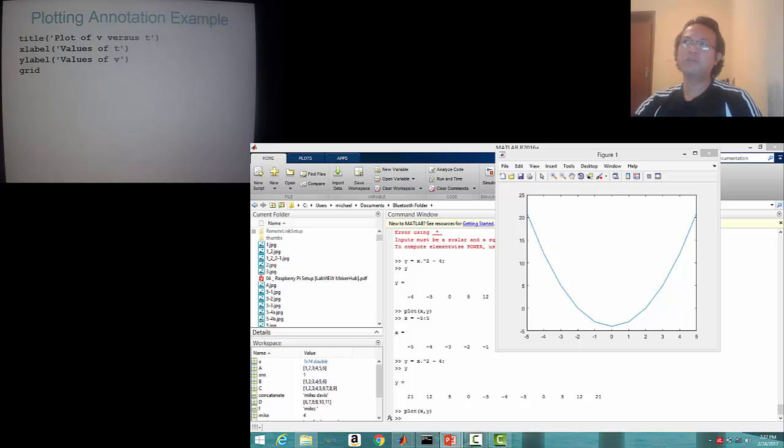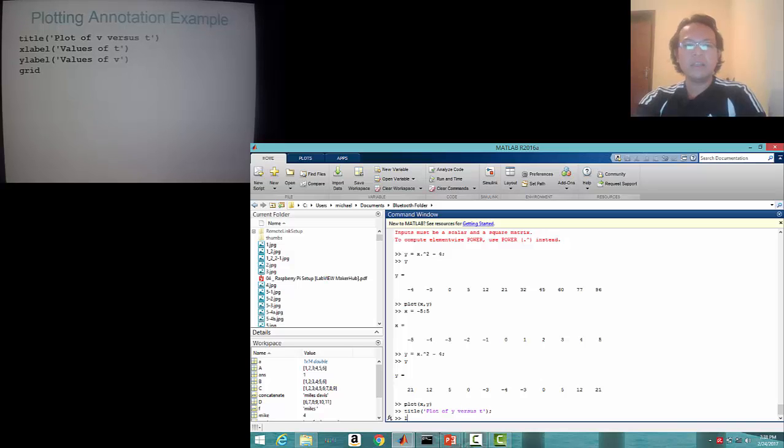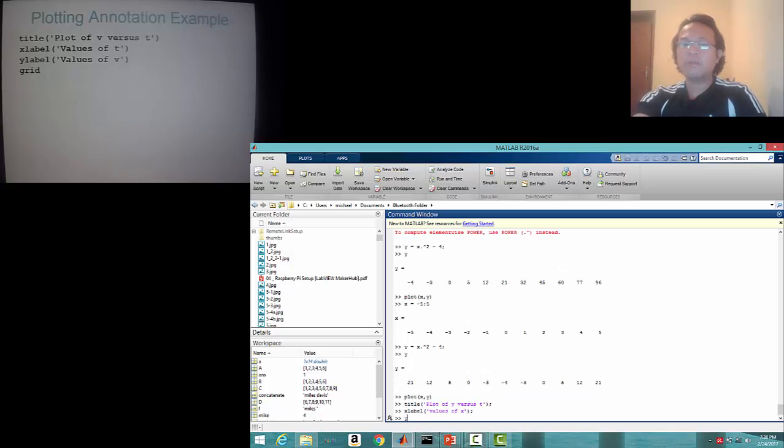Plotting annotation example. If you want to add some title here in our plot, we can write here title, 'plot of y versus t', for example, like that. xlabel, 'values of x', and ylabel, 'values of y'.